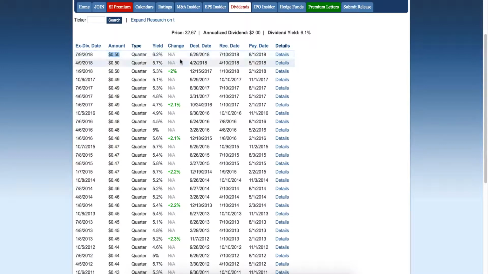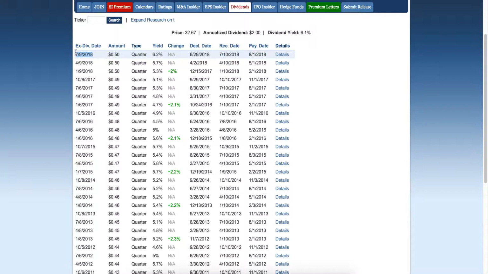And that's the declaration date and the record date. The record date is, I believe, when it's actually recorded, but the ex-dividend date is what is important for you.